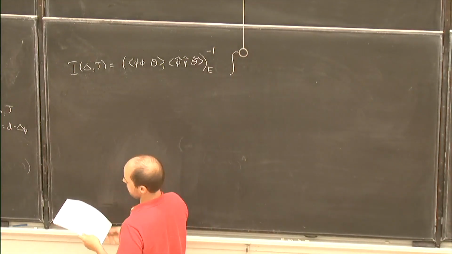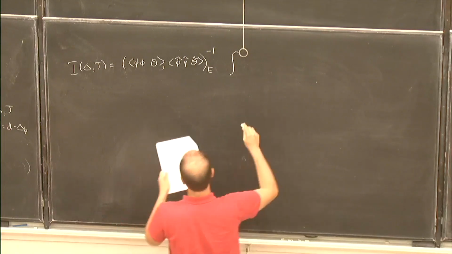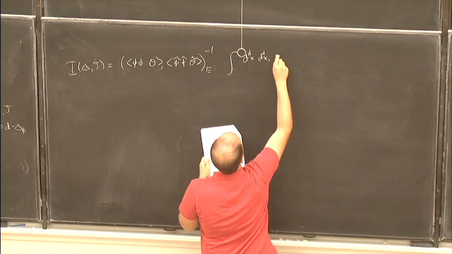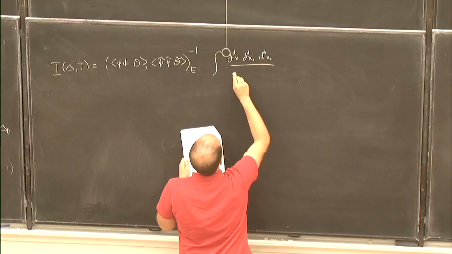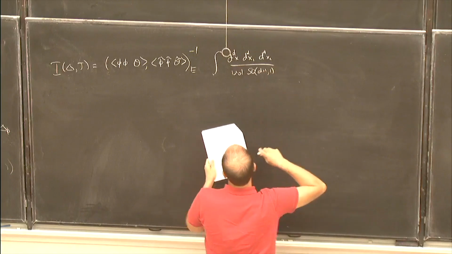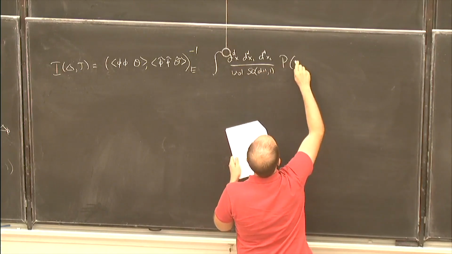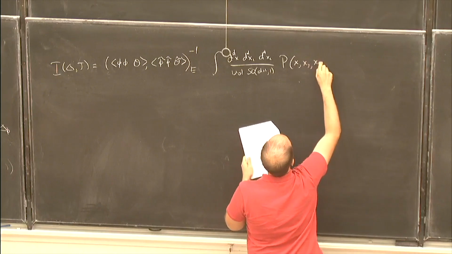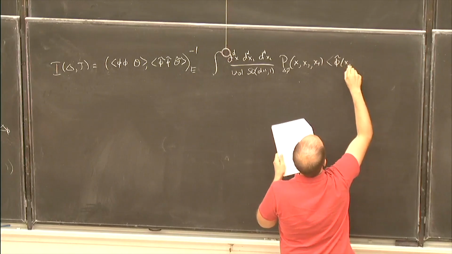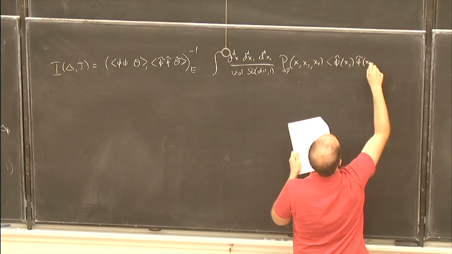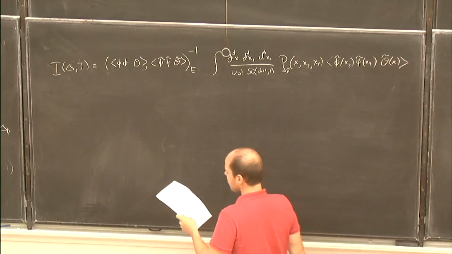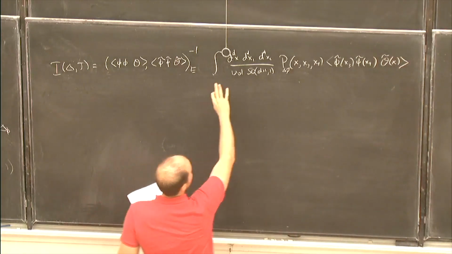And now I'll just write what that three-point pairing is, just the definition of the three-point pairing from last time. So it's an integral over all the points divided by the volume of the conformal group times the product of the things that we're pairing. Okay, so that's the definition of the three-point pairing.